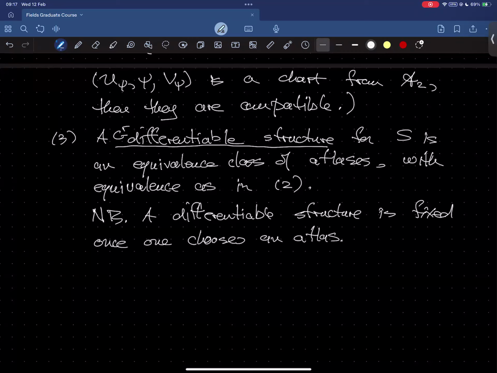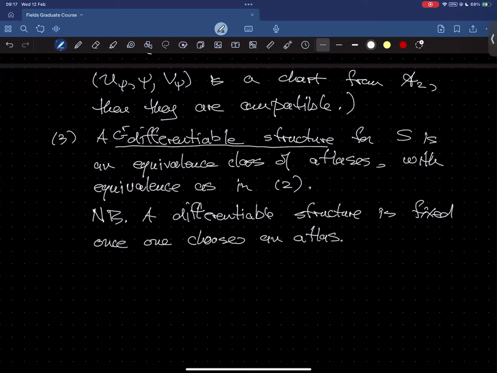And in practice, this is how we define differentiable structures. We define an atlas, and then once we have an atlas, you can consider all possible atlases which are equivalent to the one that you just defined. And that's what the differentiable structure is.